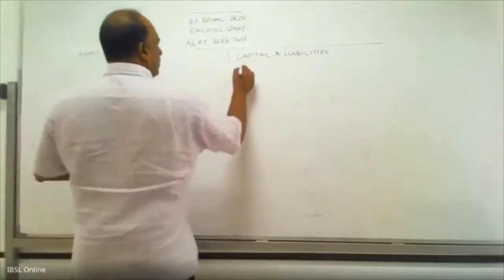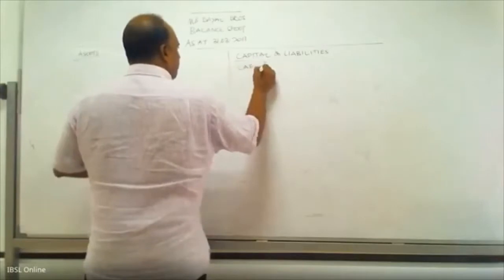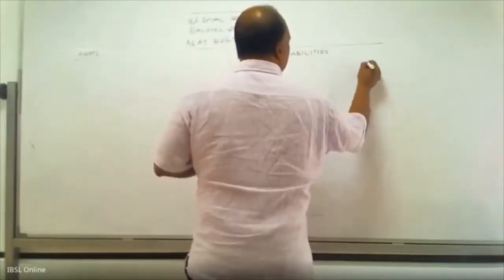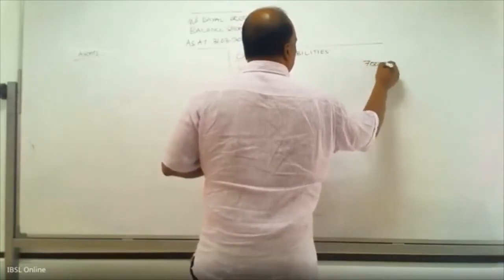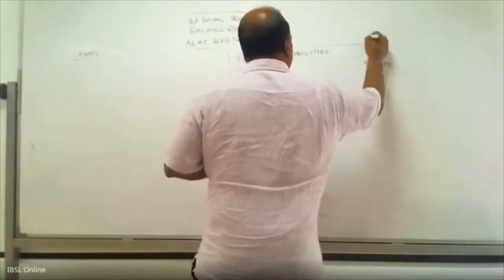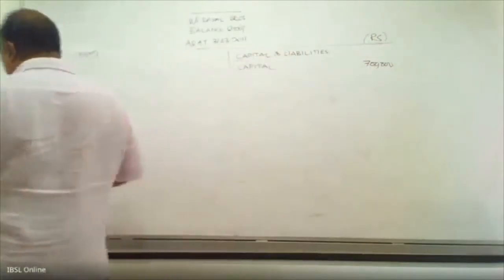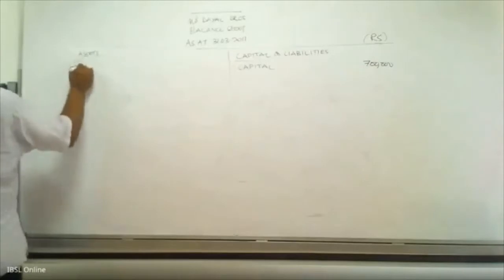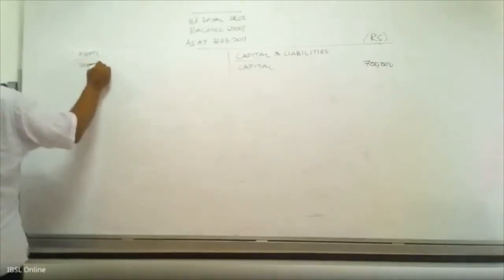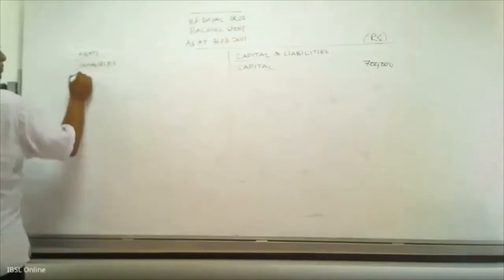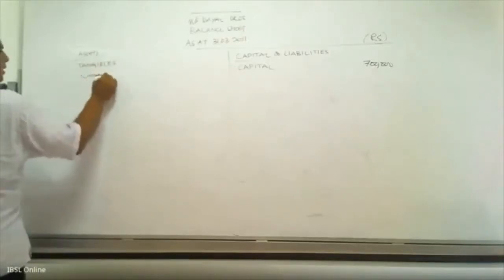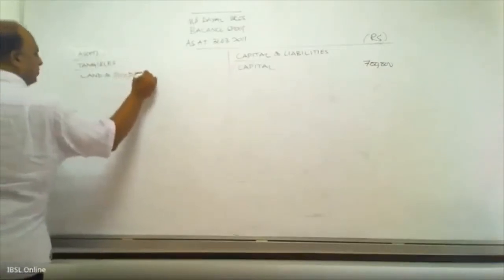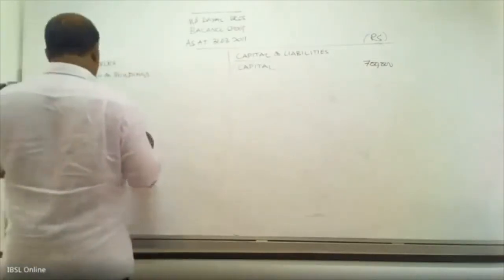Capital is very straightforward. You can put it here, which is 700,000. Then you have land and buildings. It is an asset, and it is a tangible asset. So land and buildings is 300,000.